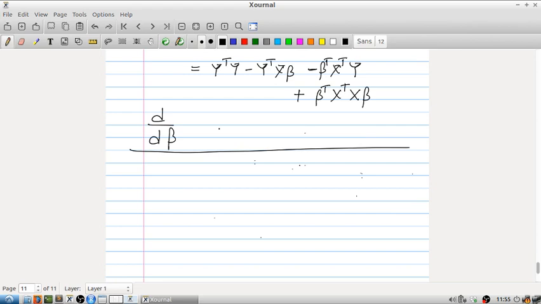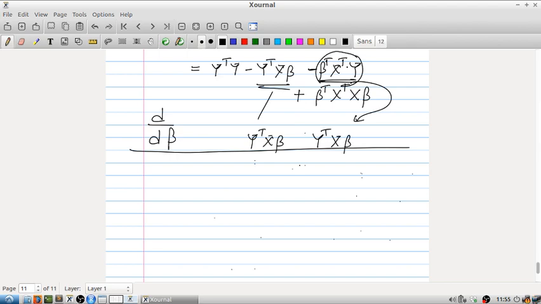The first term, anyway, the derivative is 0, so we don't care. The next two terms are functions of beta. Actually, let me simplify this. This term is y transpose X beta. All these terms are supposed to be scalars, because RSS is a scalar value, so each term has to be a scalar. So I can take the transpose of this term, and that would give me y transpose X beta.